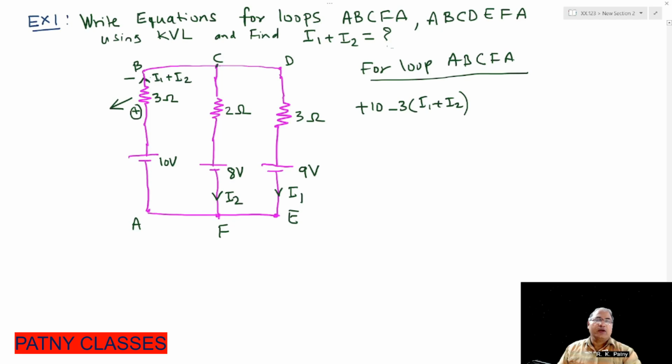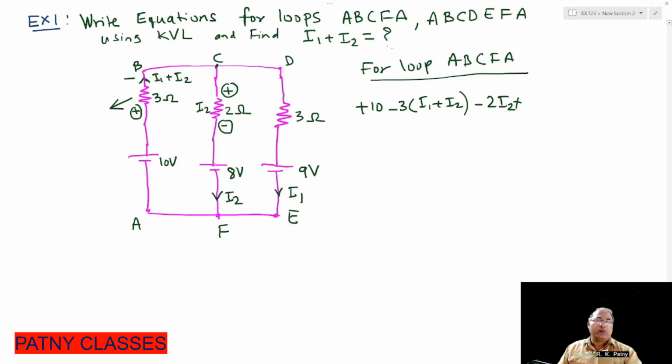Then we come up to C. Again, we are moving in the direction of current, therefore it is plus to minus. So the current is I2, therefore it is minus 2I2. Now we came to this cell.